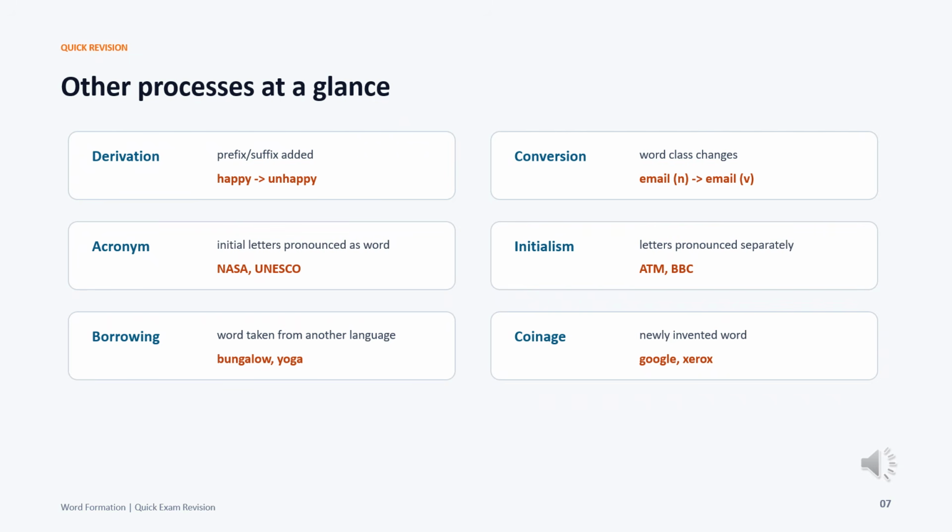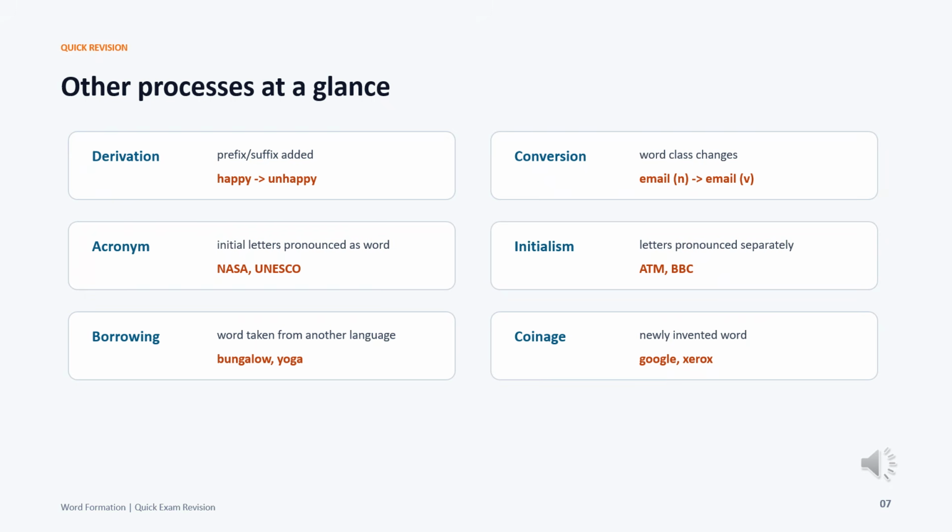Apart from these four word formation processes discussed, English also has other word formation processes such as derivation, which means adding a prefix and a suffix, as in happy to unhappy. We also have conversion, meaning changing the word class without changing the form, as in email used as noun and verb.